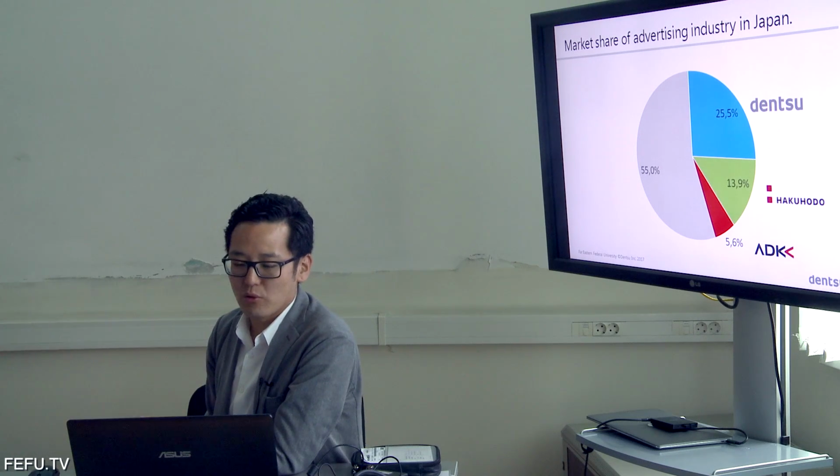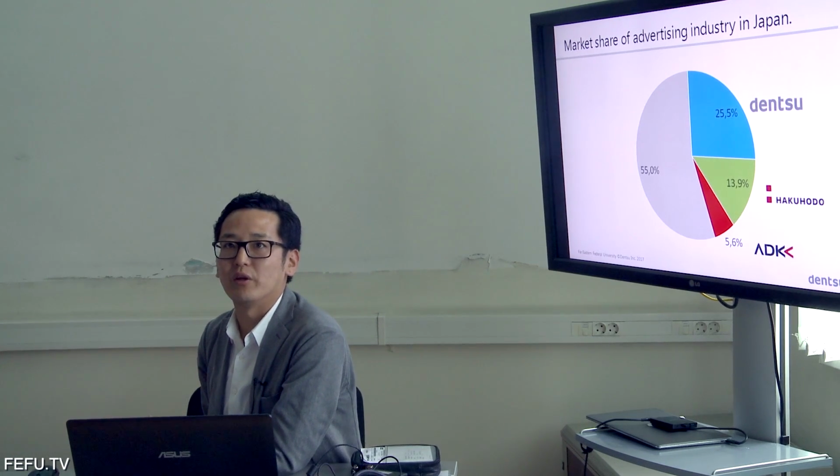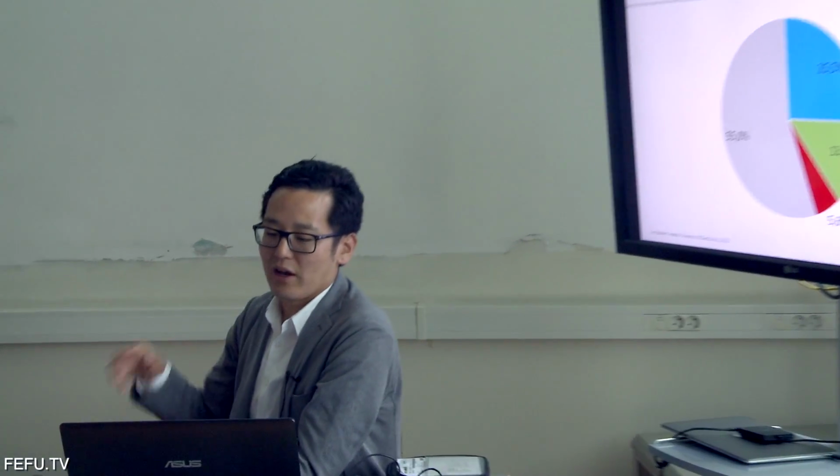Dentsu occupies a quarter of the market. So I would like to touch upon why we dominate the market in Japan, because 25% of the market share is quite high, and it's a gigantic advertising agency in Japan.